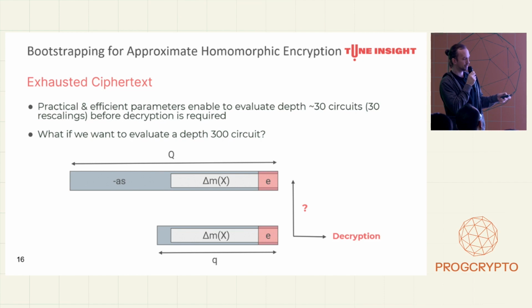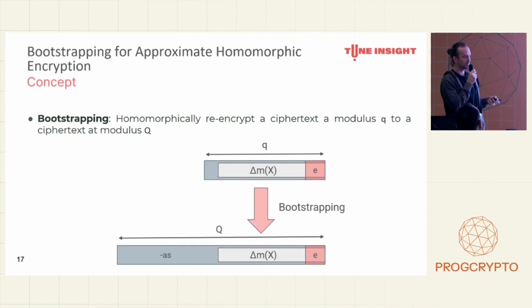But what if there is a way to, from a ciphertext with a small modulus, get back to a ciphertext with a larger modulus without having to decrypt? And this is what bootstrapping is for this scheme. It's the ability for this scheme to have a circuit that, given a ciphertext that cannot do any operation, outputs a new ciphertext that can do at least one new operation. And if you can do that, then you can evaluate whatever you want.